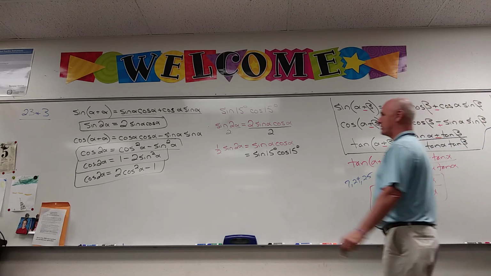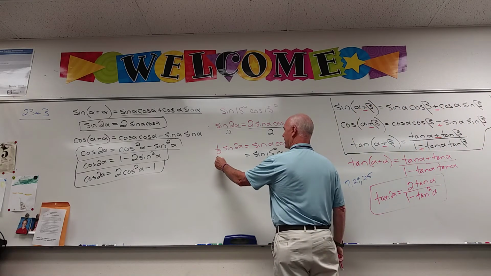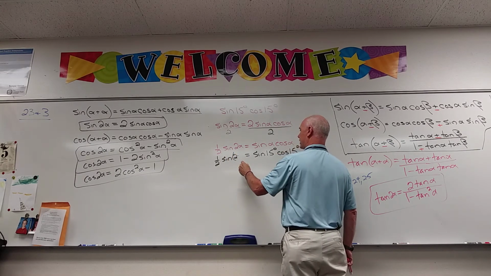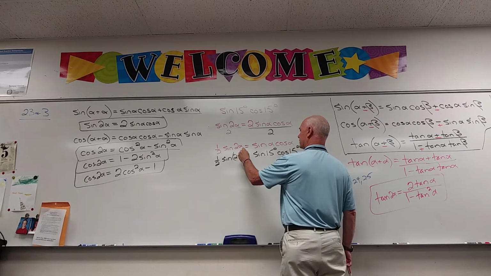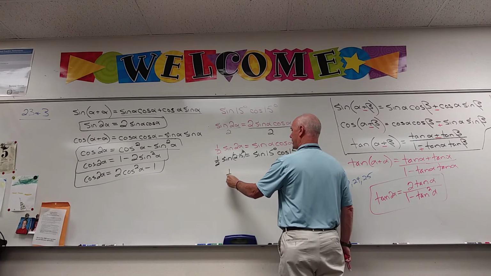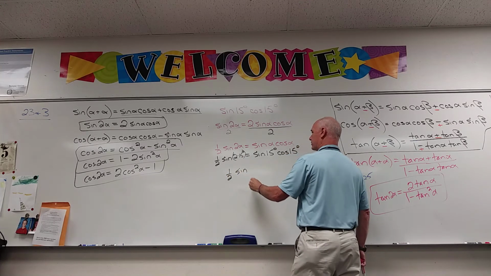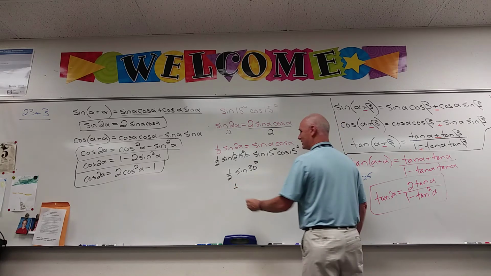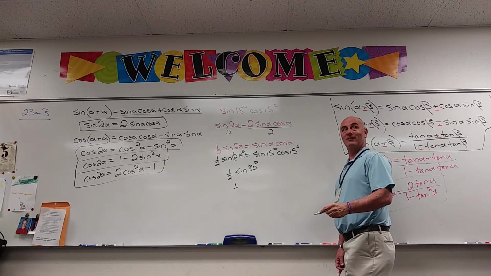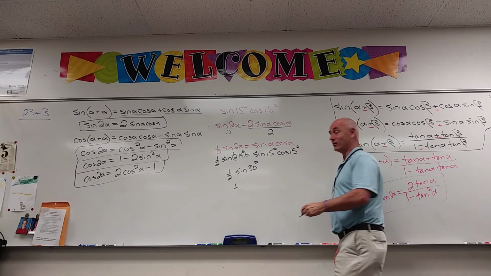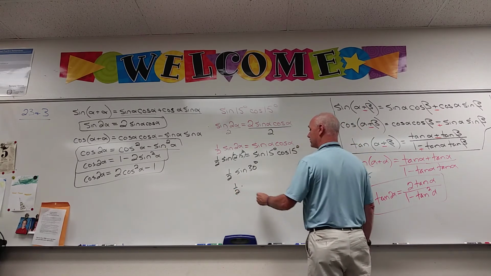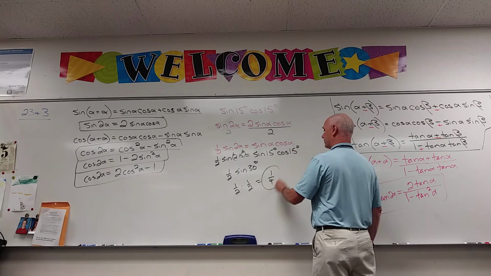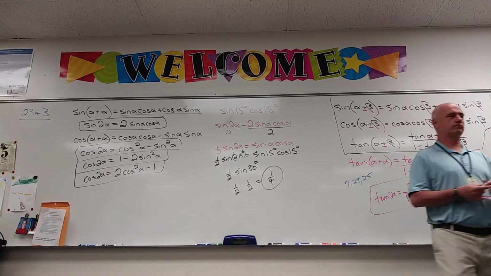So what does the left-hand side become? 1/2 times sine of 2 times 15 degrees, which means 1/2 times the sine of 30 degrees. Because I know the sine of 30 degrees from the chart, that's 1/2 times 1/2, and there's our answer.